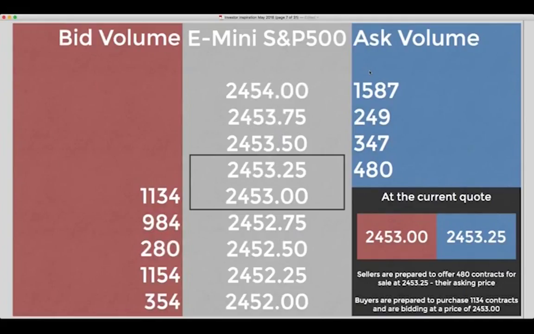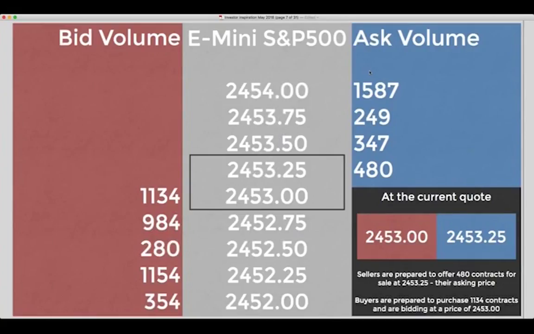Equally, at 53, there are buyers advertising their intention to buy up to 1,134 contracts at 53. And that's how the price quote is formed. So we're seeing the intention of the market. This is the advertising of the quantity that market participants are prepared to buy and sell.